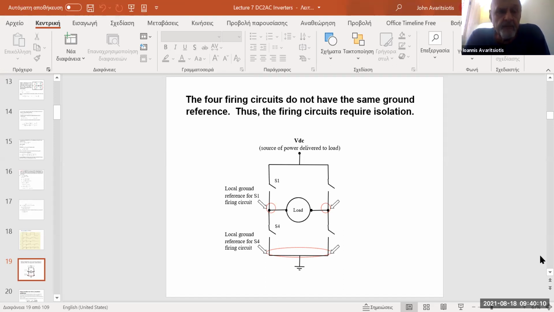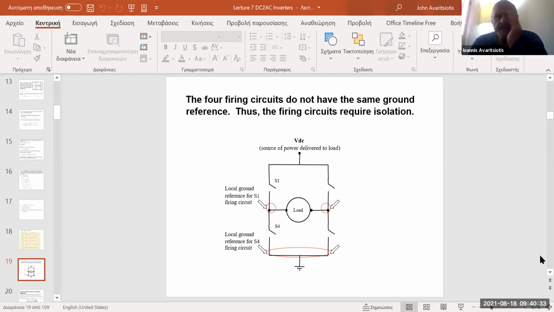Now, something which is of practical importance is how we can turn on and off the switches.